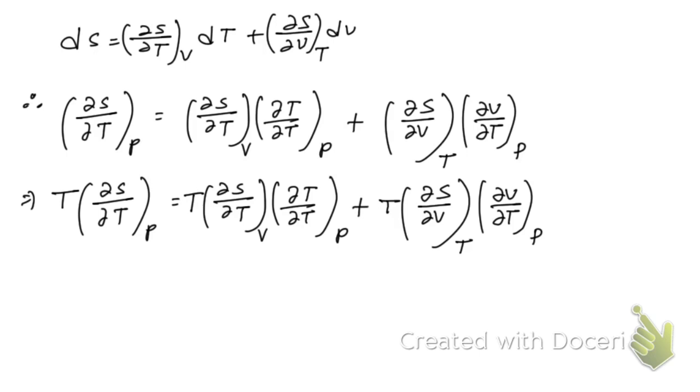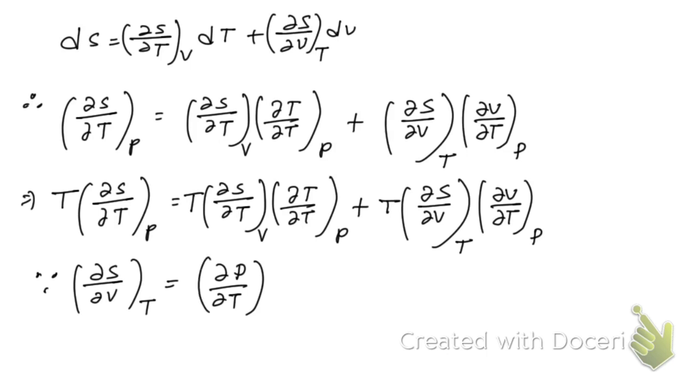Now from Maxwell's second thermodynamic relation, del S by del V at constant temperature is equal to del P by del T, sorry, not V, that's supposed to be T, at constant volume.